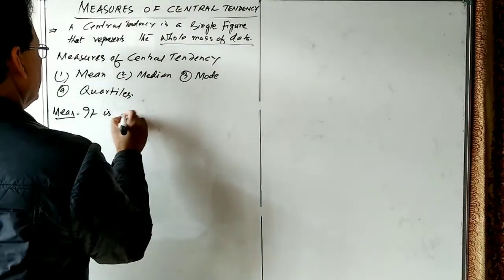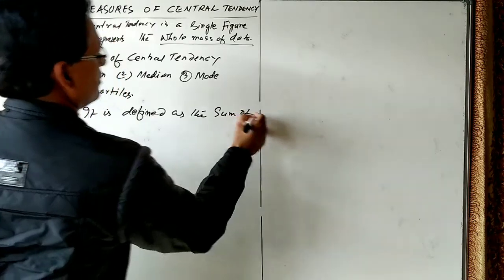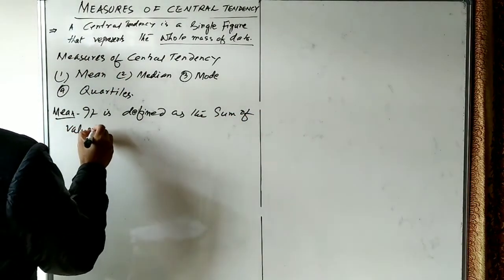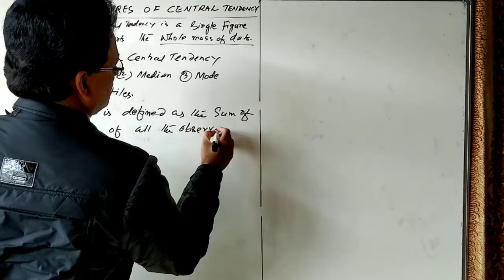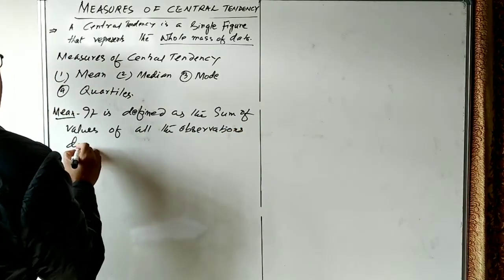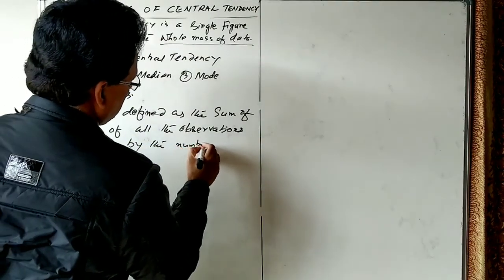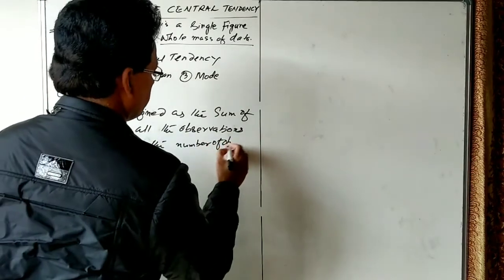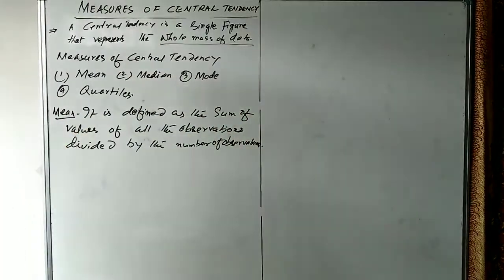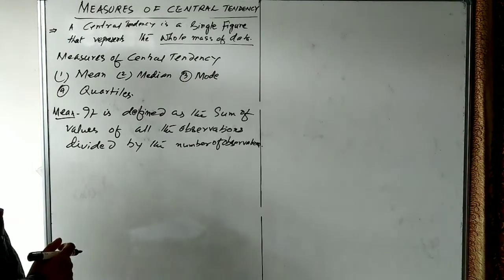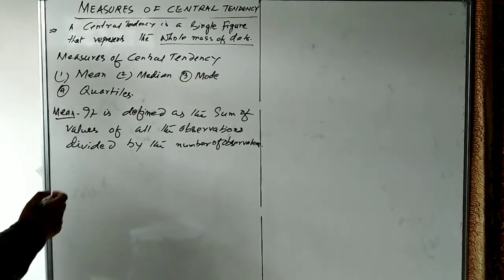It is defined as the sum of values of all the observations divided by the number of observations.